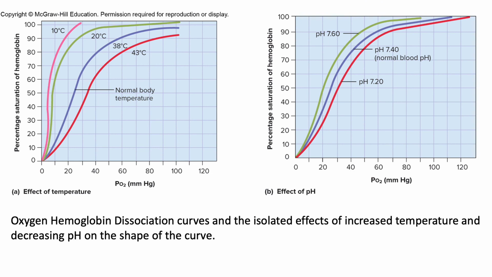These two curves show the isolated effects of increasing temperature and decreasing pH on the oxygen hemoglobin dissociation curve. Again, increasing temperature shifts that curve to the right, and decreasing pH shifts that curve to the right. Both are conditions that you would find in systemic tissues, and both conditions that would cause a release of more oxygen within that tissue.